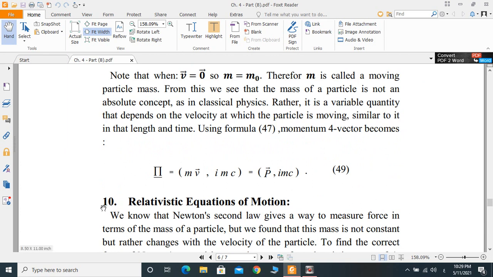Section 10, relativistic equations of motion.